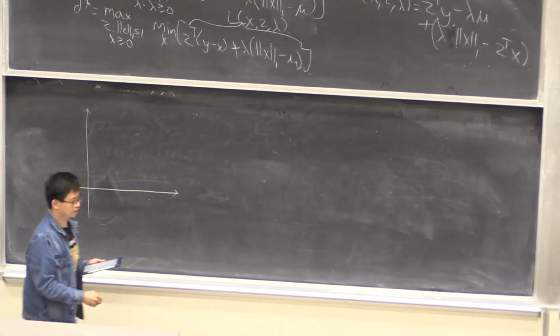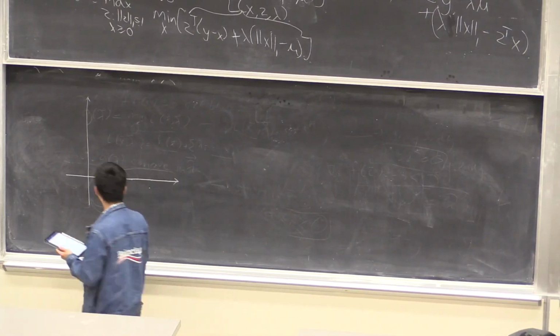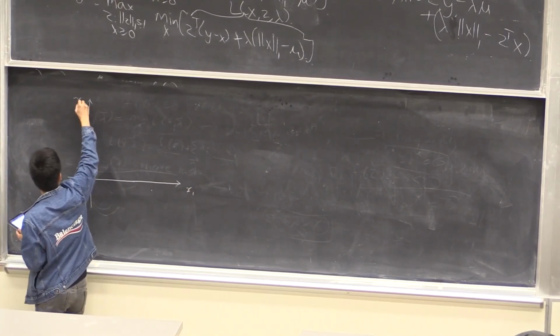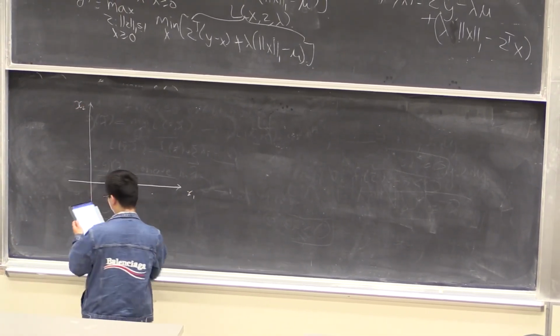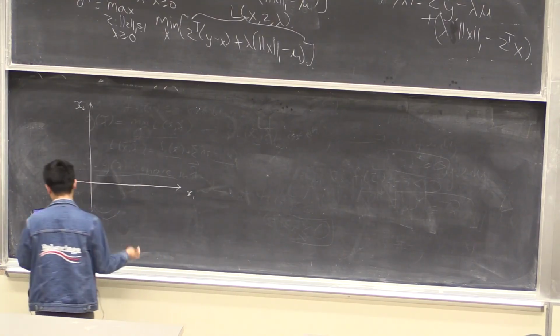As you can see, it's much easier than the first problem. So the x1 axis and x2 axis. Now we're just plotting the feasible region based on each constraint. So we go one by one.